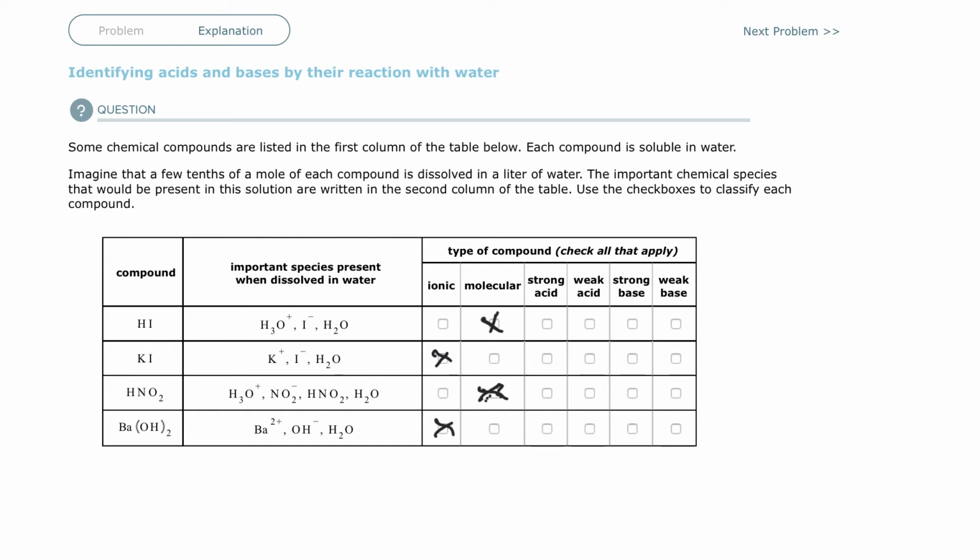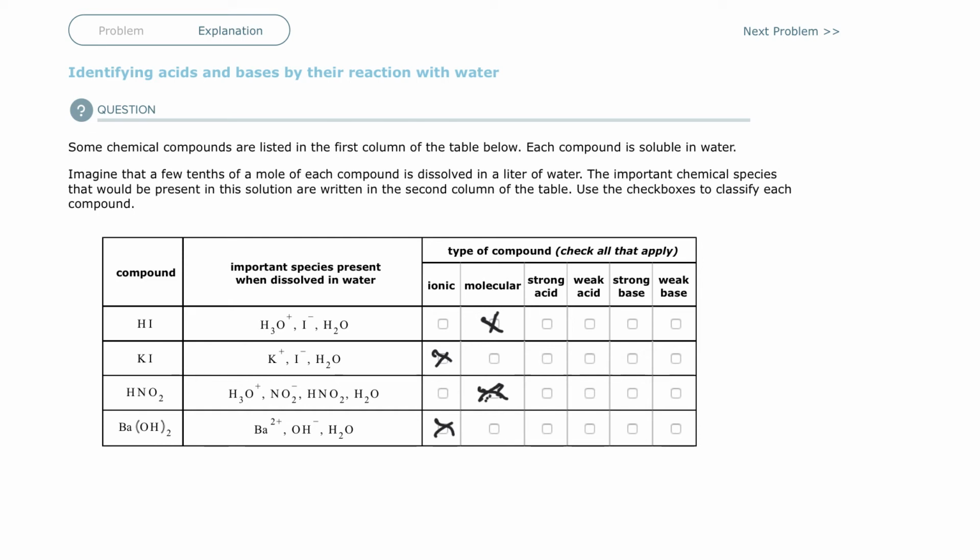So a weak acid doesn't completely break apart into protons plus an anion. It doesn't break apart into positives and negatives. So you're going to have some positives, you'll have some hydroniums, you'll have some of the negative conjugate base there, but if it's weak, you're also going to have the compound.